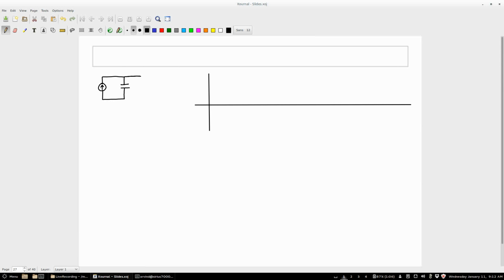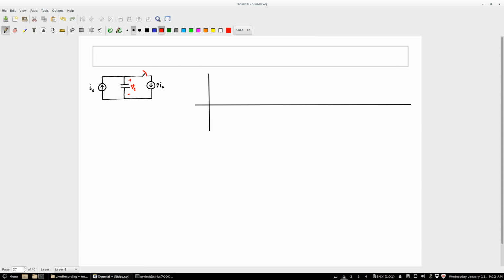Yeah. So basically, if you want to generate a triangle, if you take a current source and you put it through a capacitor, correct? And say I'm just drawing this for fun. Okay, so there is a switch, and say I have another current source here.